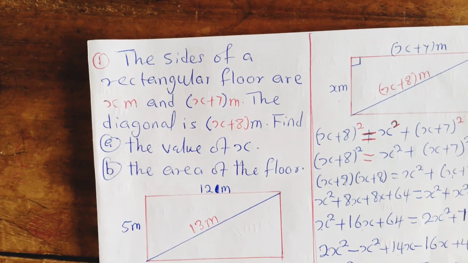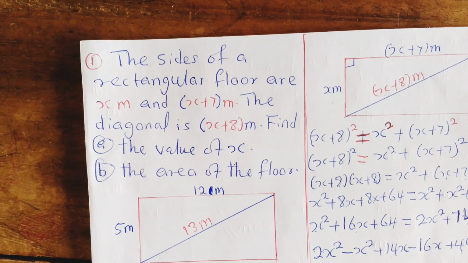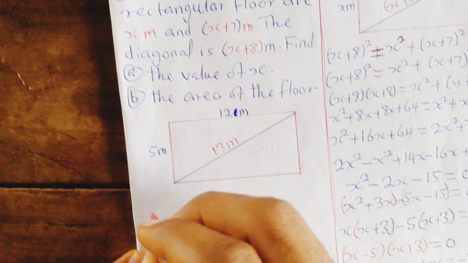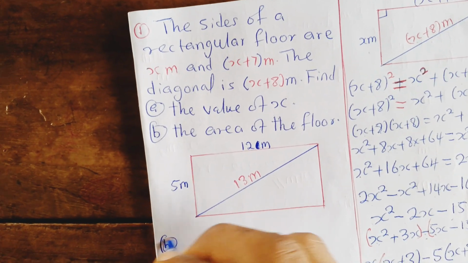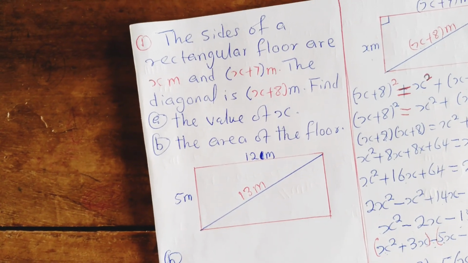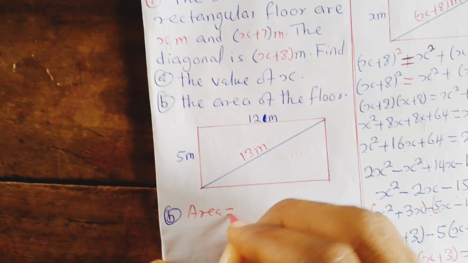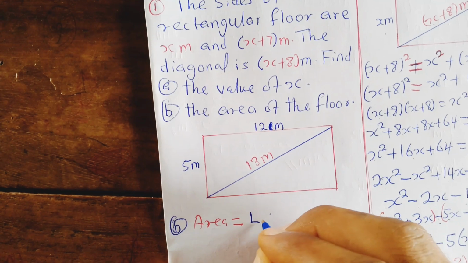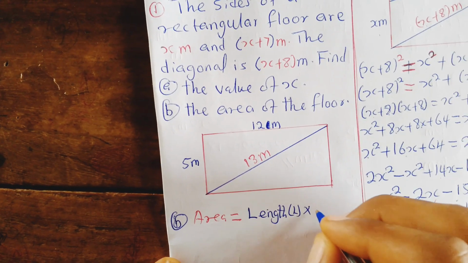And they say I should find the area, and this is a rectangular floor. So I know the area of a rectangle. This is B, so let me solve B here. Area of a rectangle is equal to L, that's the length, times W, the width.